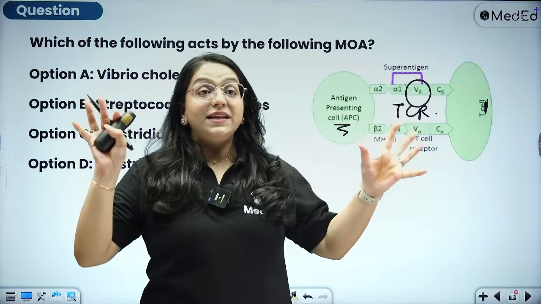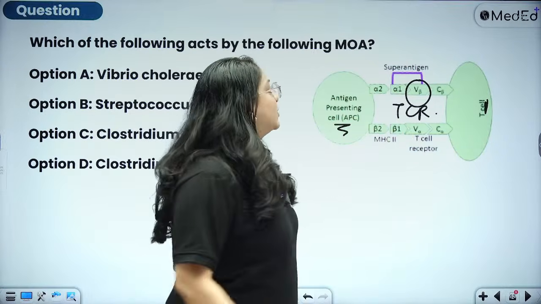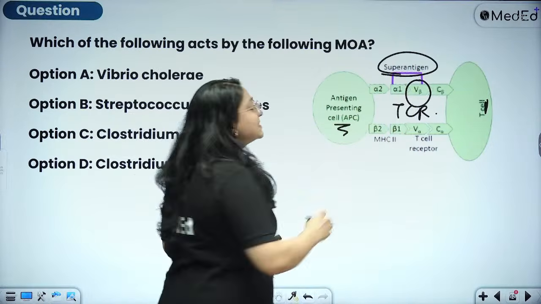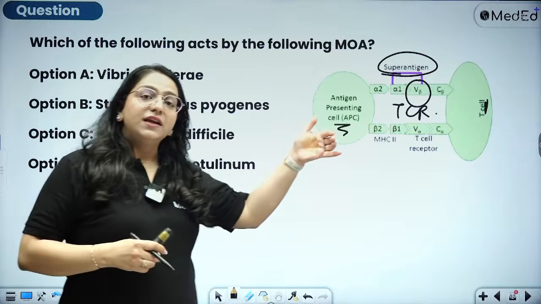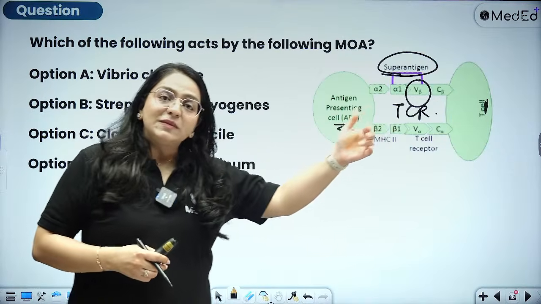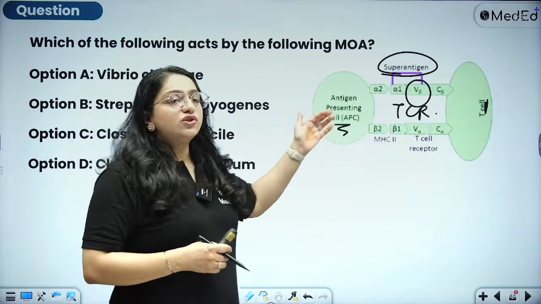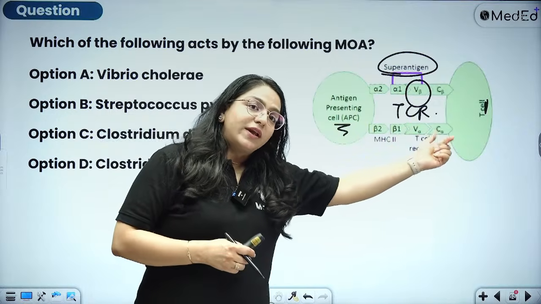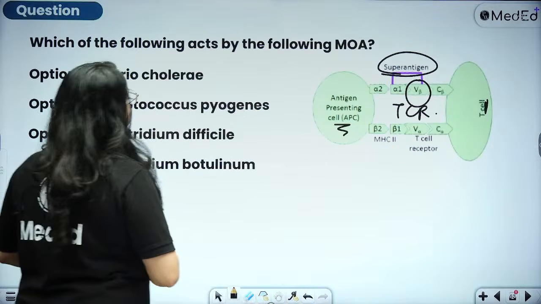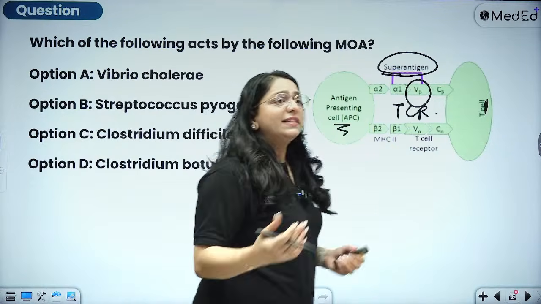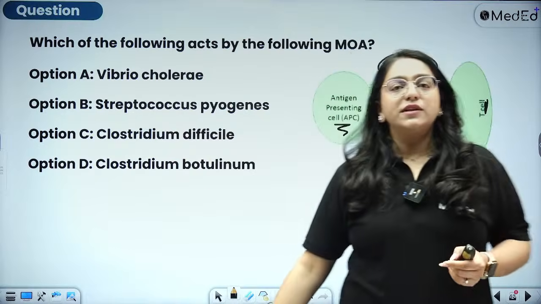It will get irritated. It will blast off. So that is what a super antigen does. From the V beta region, there is non-specific binding from the side. From the side, it goes and pokes the T cell. Then the T cell gets activated and there is a hyper response. That is what a super antigen is.